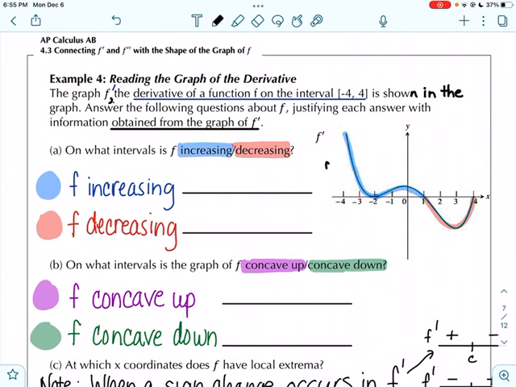I can see that f prime is greater than 0 here, and there's a point where f prime is equal to 0, at -2 right here. Then again f prime is greater than 0, and at 1, f prime is equal to 0.